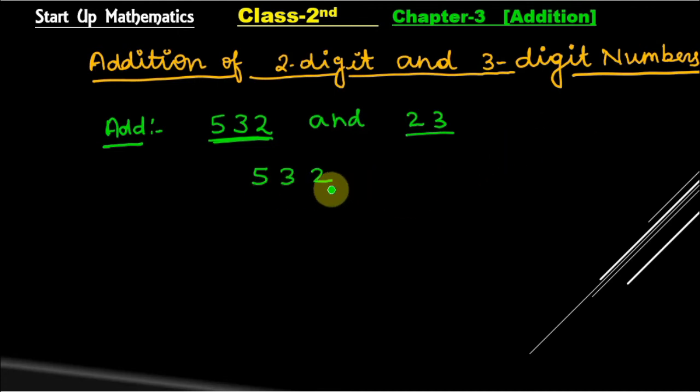So this is 3, this is 2. If we write in this way, 3 and 2, this is the wrong method. So we have to write 5, 3, 2, after that 3 here and 2 here.